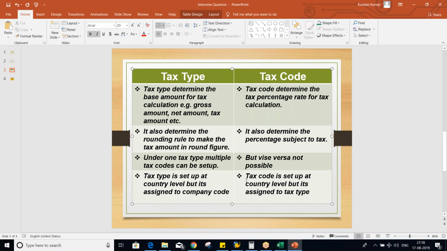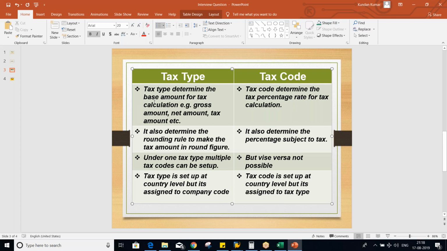Okay, so these are the four major differences, guys, which can be explained pretty easily during an interview. I'll repeat these four differences once again. Tax type determines the base amount for the tax calculations, and this base amount could be anything like gross amount, net amount, tax amount, right?